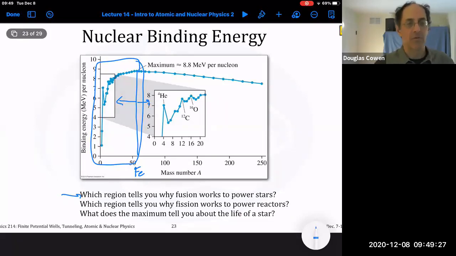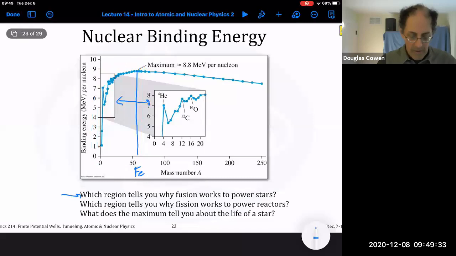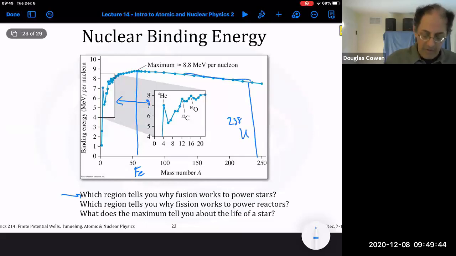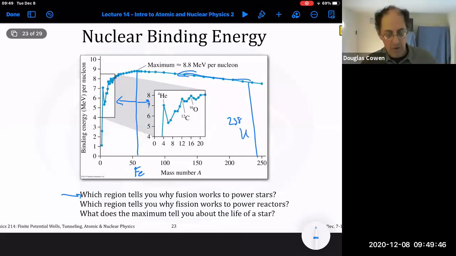And so energy is released as you move in this direction. In a similar way, as you move from heavier elements like uranium-238 down in this direction, you move also towards higher binding energy per nucleon. And so energy is also released if you move from the far right to the left.